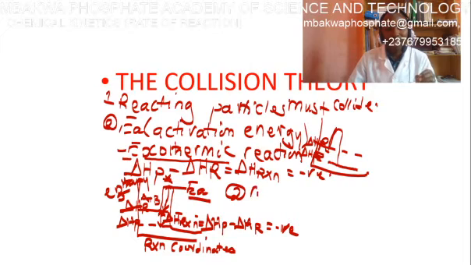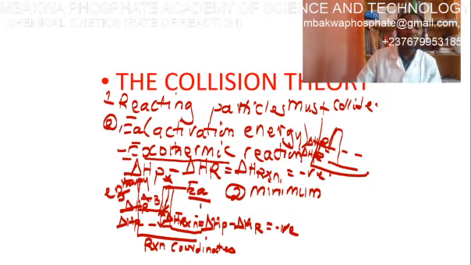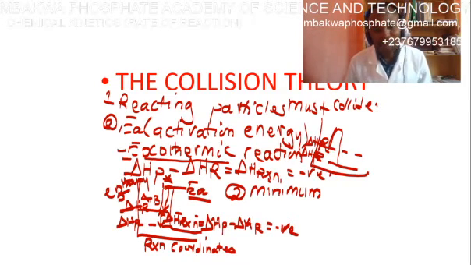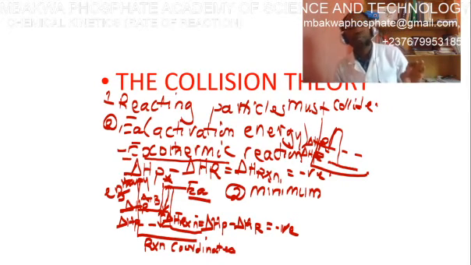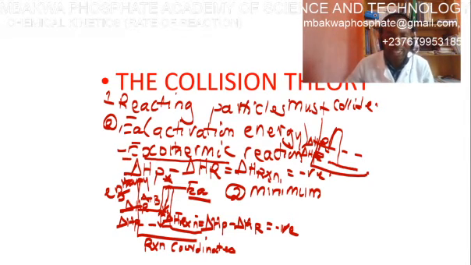Activation energy is the minimum amount of energy required to start a chemical reaction. According to the collision theory, if particles collide with energy which is not equal to the activation energy, then the reaction will not take place.